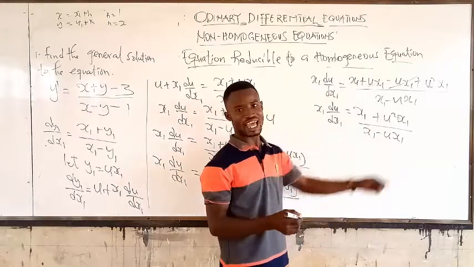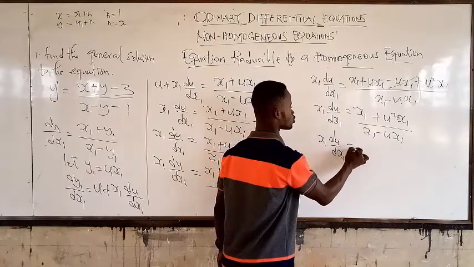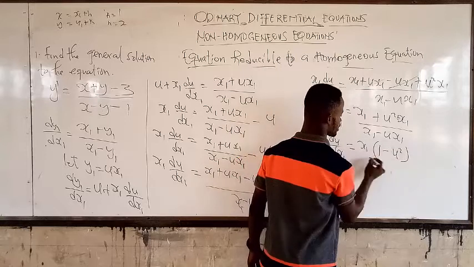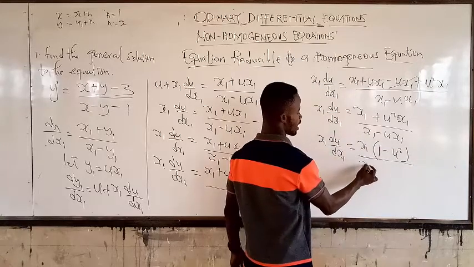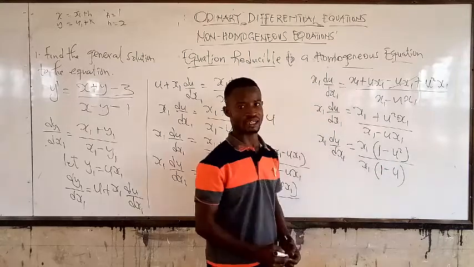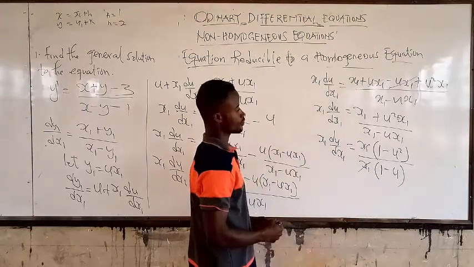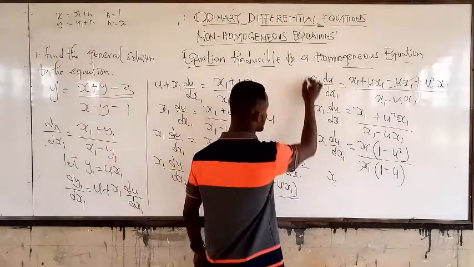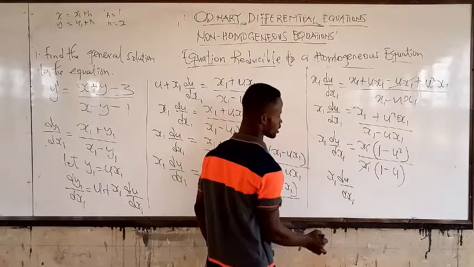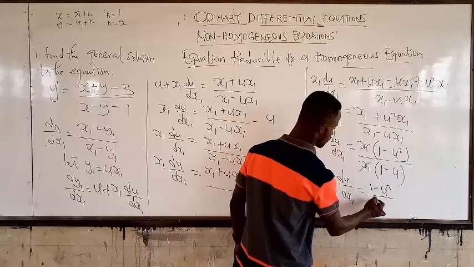Here we can factor x1 out. x1 du dx1 is equal to x1 out, 1 minus u squared, all this over x1 1 minus u. I hope you can see that. Very good. And here this cancels it. So we get x1 du dx1 to be equal to 1 minus u squared over 1 minus u.